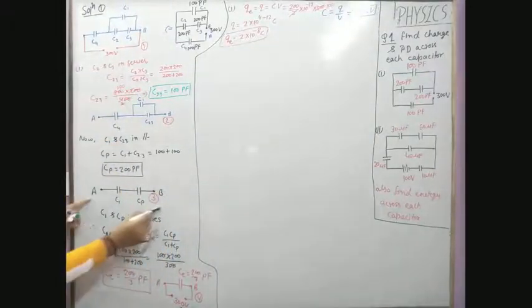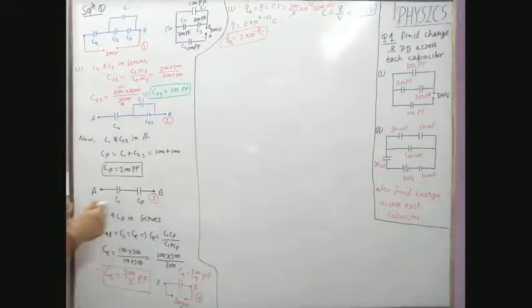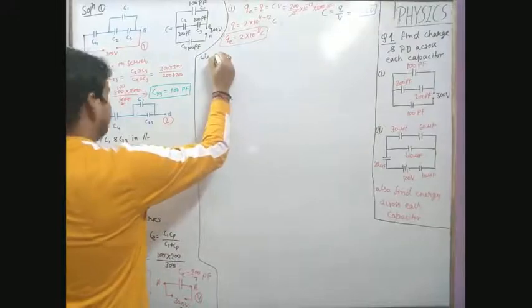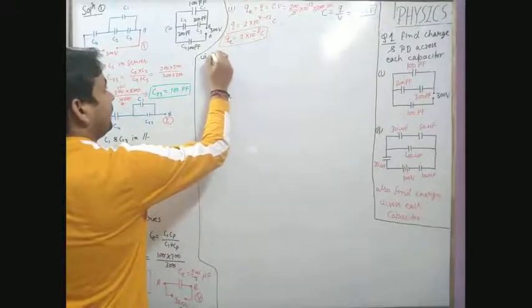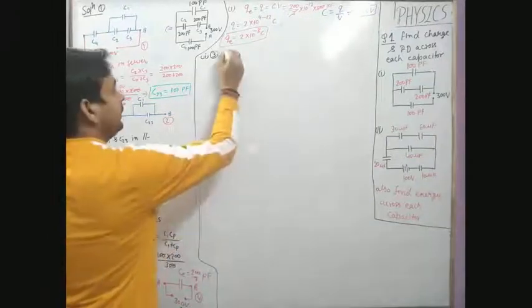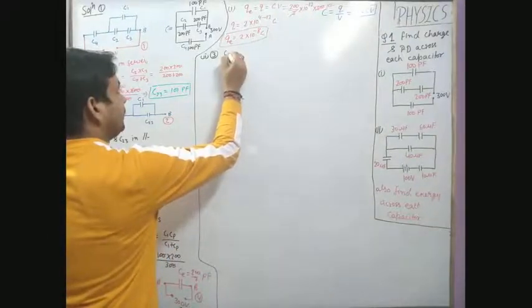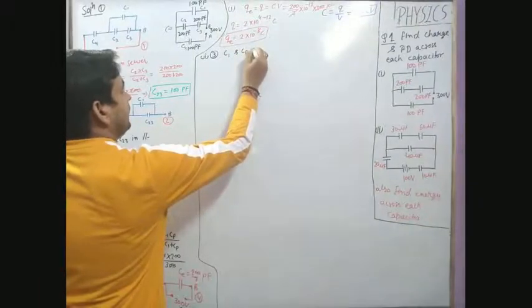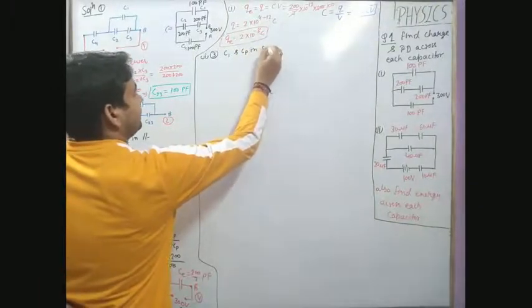Now the circuit is at the third stage, the third situation, C1 and Cp in series.